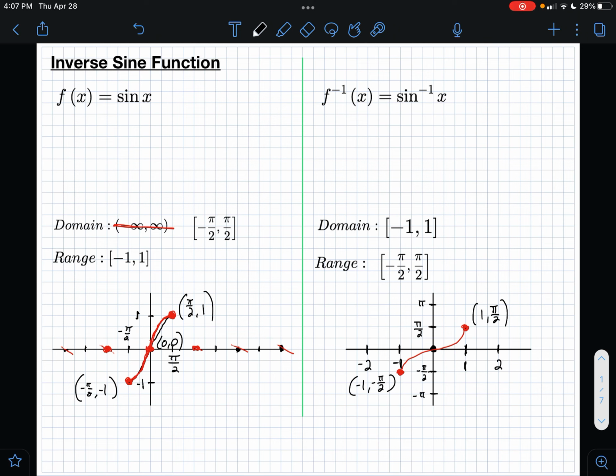Now, what exactly is inverse sine, and what is the notation for it? Well, the exponent, so to speak, of -1 on a function is what we use to indicate an inverse. So up here, this f inverse, it looks like an exponent of -1, but it means inverse. F inverse, and therefore sine inverse.